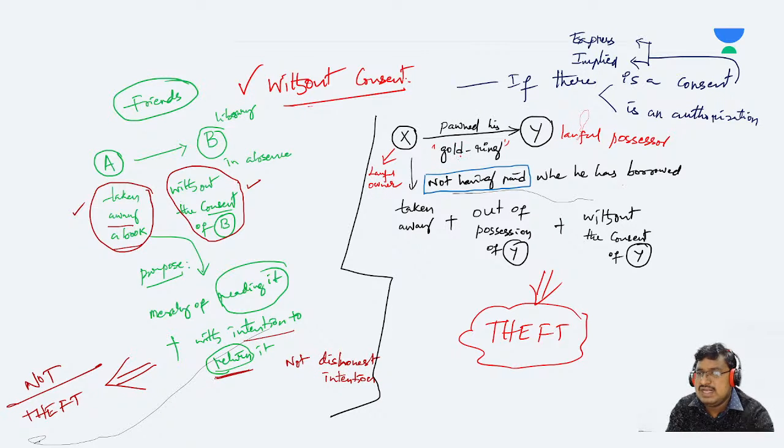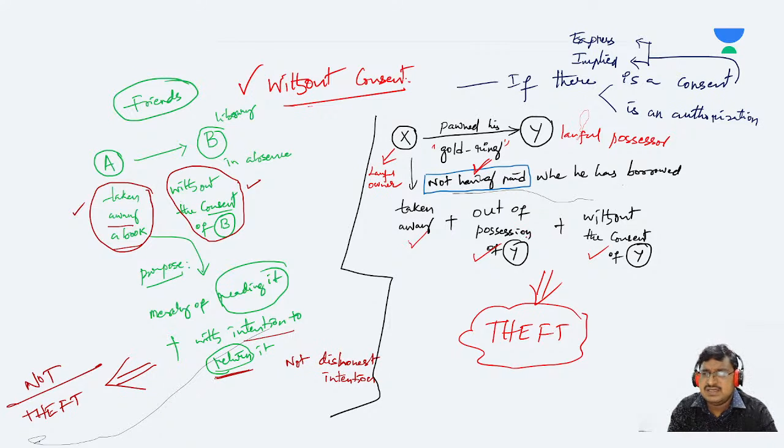Here, the gold ring is under the possession of Mr. Y. Now, without paying what he has borrowed from Mr. Y, Mr. X has taken away this property, this movable property, out of the possession of Mr. Y without the consent of Mr. Y with a dishonest intention. Therefore, it amounts to theft, friends.